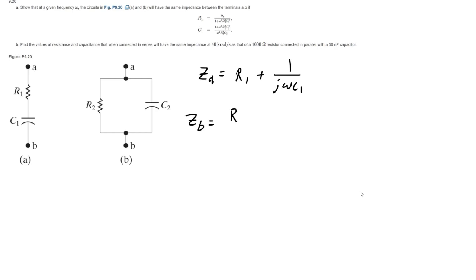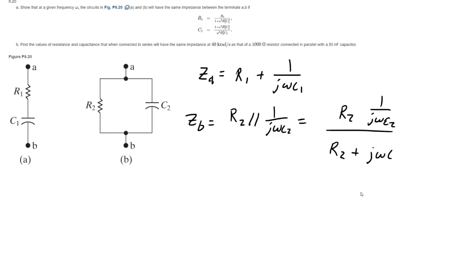It's going to be R2 in parallel with 1 over J omega C2. This is going to work out to R2 times 1 over J omega C2, over R2 plus 1 over J omega C2.